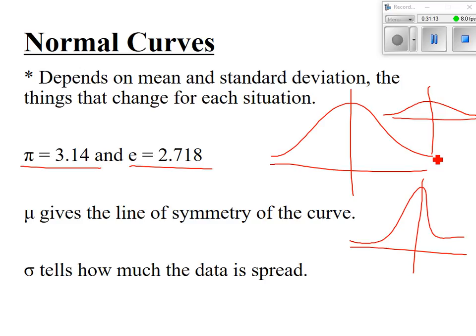And the standard deviation, the sigma, tells you how that's going to look. If the standard deviation is small, then it's going to be a steeper normal curve. If the standard deviation is big, then it's going to be a more flat normal curve.